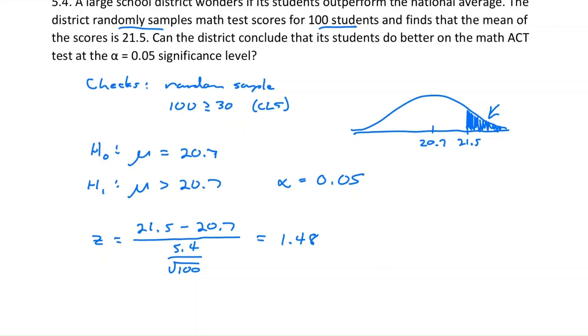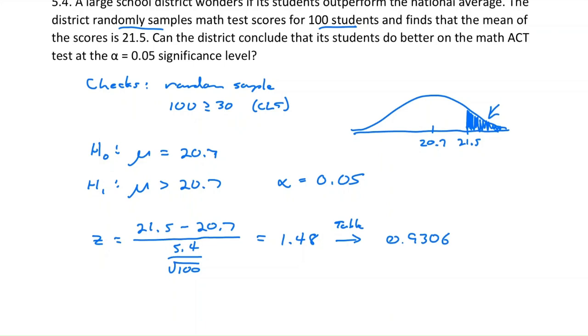Okay, so based on that, I'm not going to show the table. If you need to see that, you can reference the previous video or just find a video on how to use a significance table. But if we were to look in the table for a z-score of 1.48, we would find a value of 0.9306, or about 93.06%. That's the area under the curve.